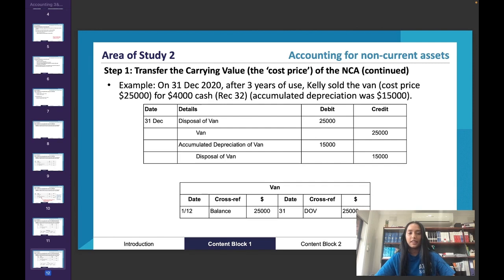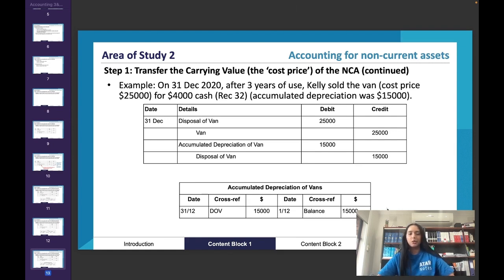And then on the 31st of December, on the credit side, we can see a credit entry of $25,000 and the cross reference is disposal of van. And you can see here that disposal of van has been abbreviated just because there was no room, but in your SACs and in your exam, you can't abbreviate any of the ledger account names in the cross reference.